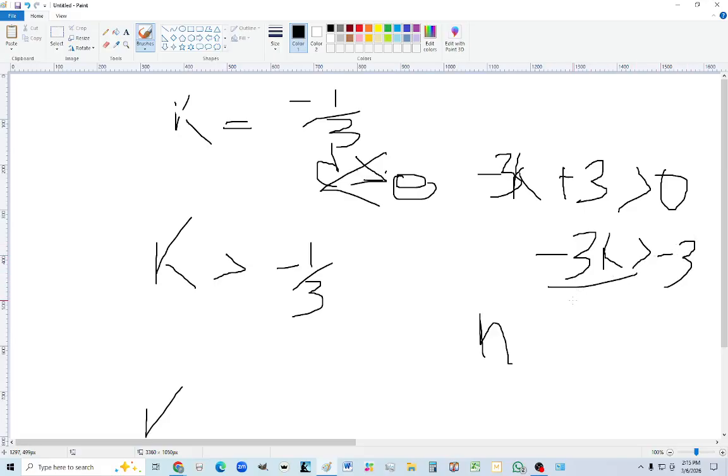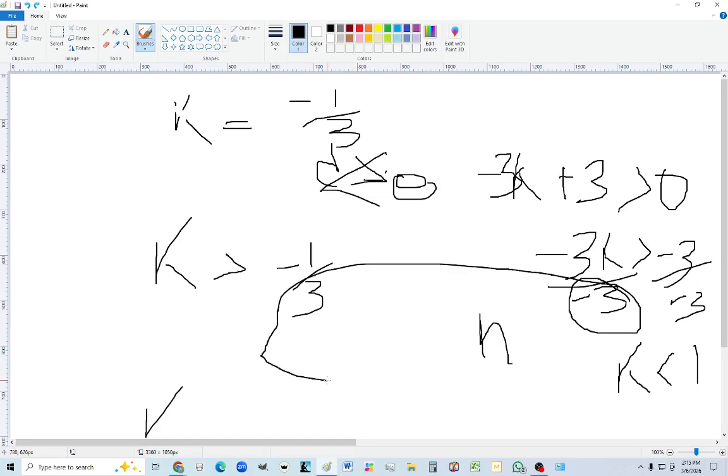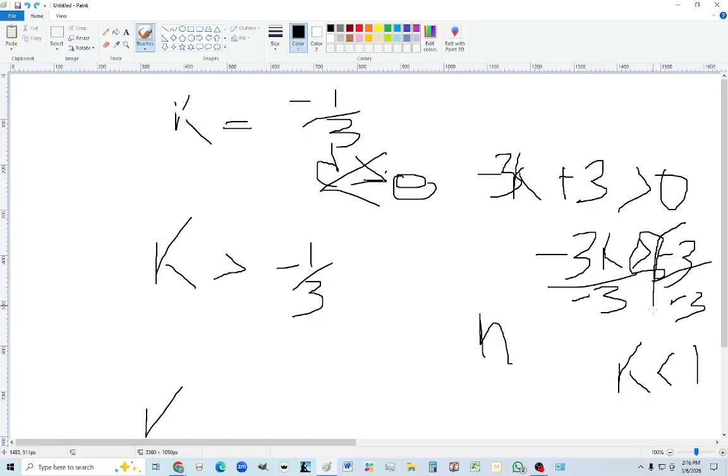When you divide by a negative number here to solve the last one, the rule about dividing by a negative number is the sign must change direction. K smaller than 1. So this is important. I bring it up because k doesn't have a negative multiplier here. But when you're solving these inequalities, and you divide by a negative number, the sign, whatever way it was facing, must switch. Okay, keep that in mind.